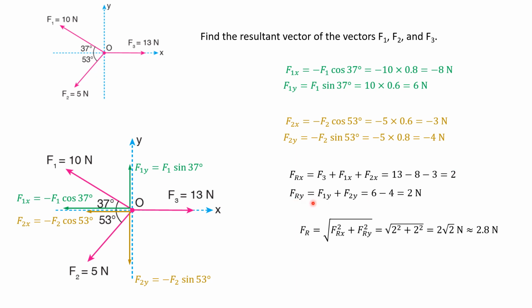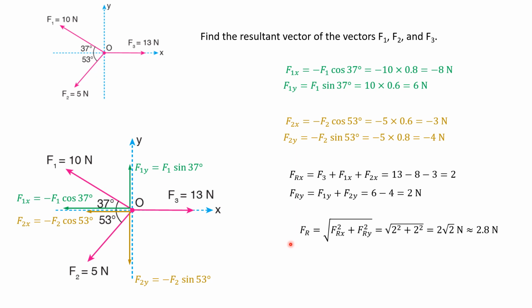For the y component, we do the same thing, but we only have y components of f1 and f2 to deal with. f1y we already know is 6 newtons, f2y is minus 4 newtons, so we get again 2 newtons.